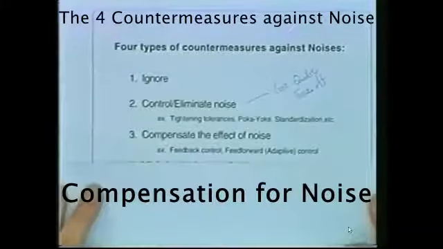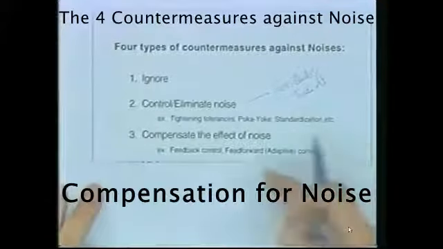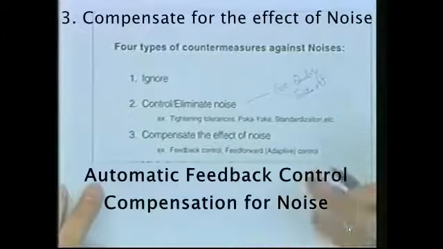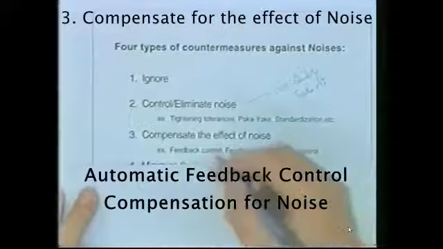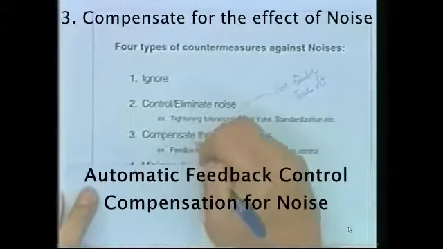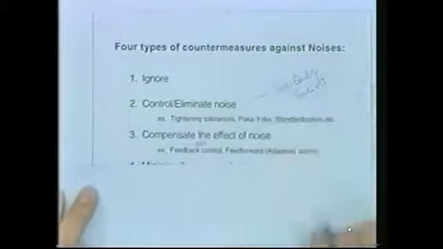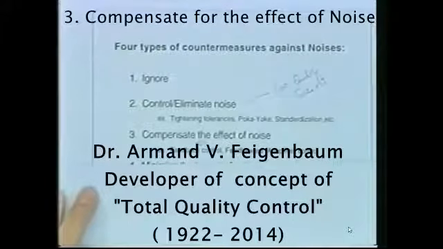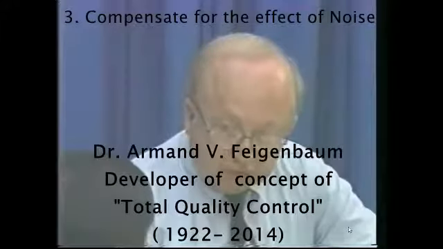Another type of countermeasure, and this one is something engineers love to do, is compensation, before the fact or after the fact. Say feedback control is where you compensate after the fact. Something like ABS, the anti-lock brake system. It's nothing but a feedback control subsystem. This is something that Dr. Feigenbaum talks about extensively in his book on total quality control.